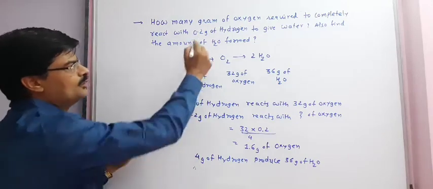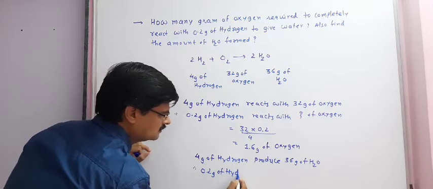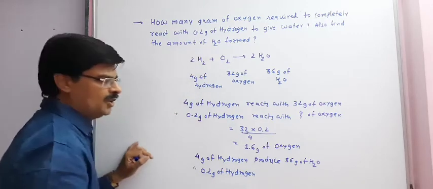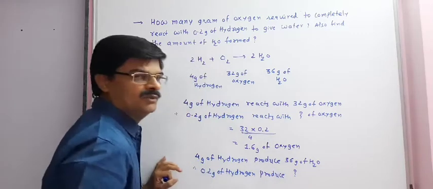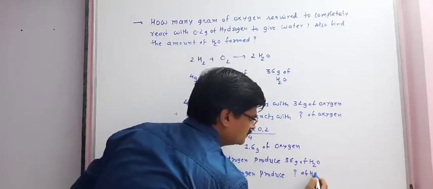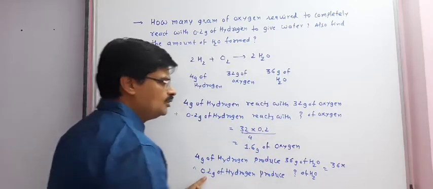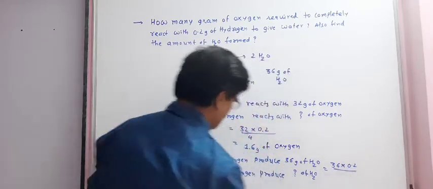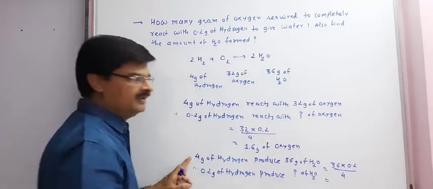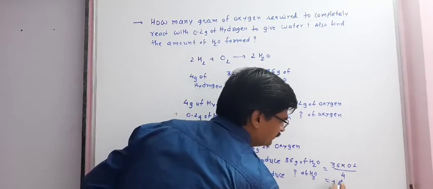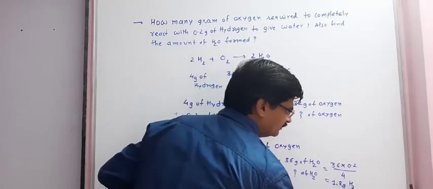Therefore, 0.2 gram of hydrogen produces what gram of water? So we will get 36 into 0.2 divided by 4. On simplification, we will get 1.8 gram. So water produced is 1.8 gram.